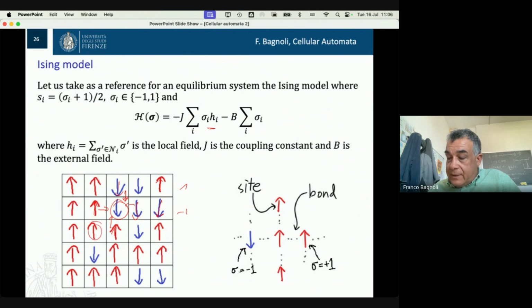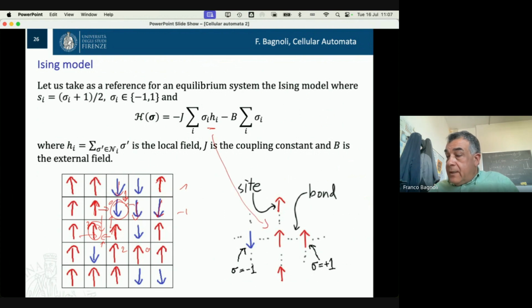While, for instance, for this one, the local field is 1. We have three 1s and it is 2. We have 3 plus 1 and 1 minus 1. So here it is 2, here it is 0, here it is again 0, here it is again 2, and so on. So this is how we can compute the local field.